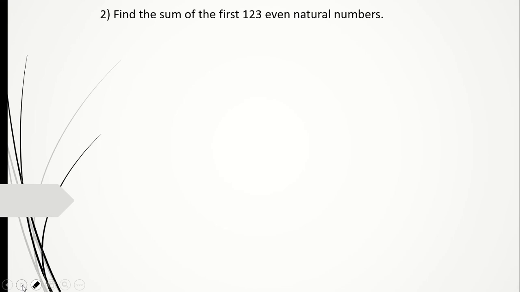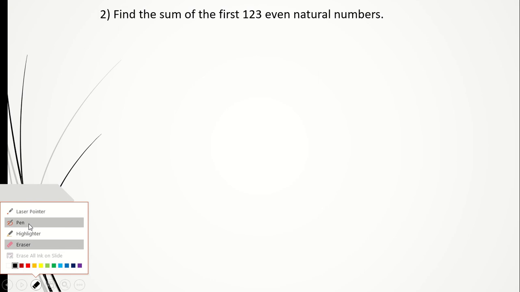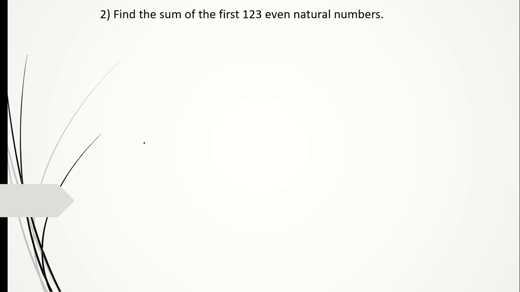Find the sum of the first 123 even natural numbers. So there may be a catch sometimes in a question. So you have to read the question very, very carefully first. Sum of the first 123 even natural numbers. So you may forget to read the word even and everything may go wrong. It is even. Even numbers are those numbers which are divisible by 2.